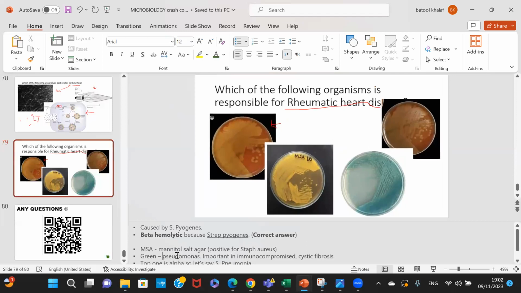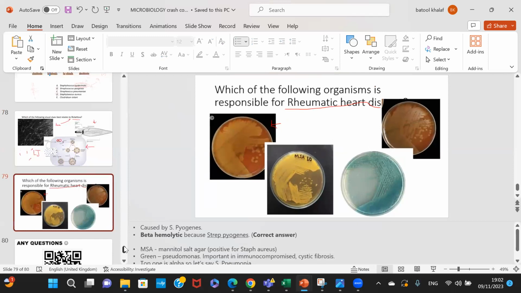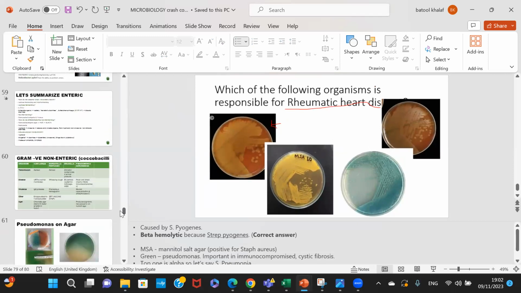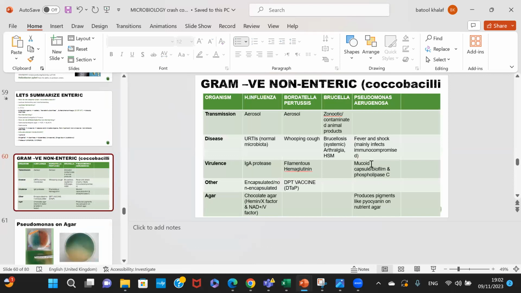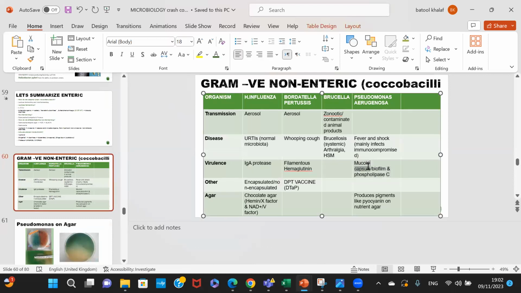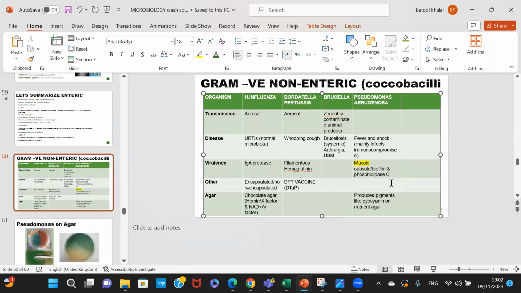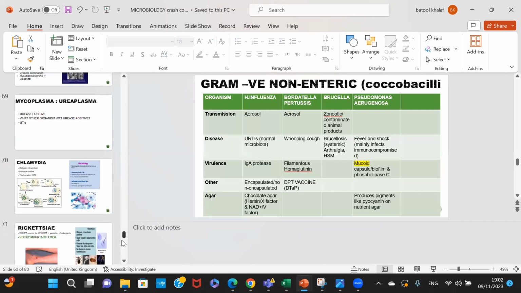Pseudomonas, right. It was in the table. Let's look through it. Oh, there we go. Mucoid. Okay, so Pseudomonas was the mucoid, okay?